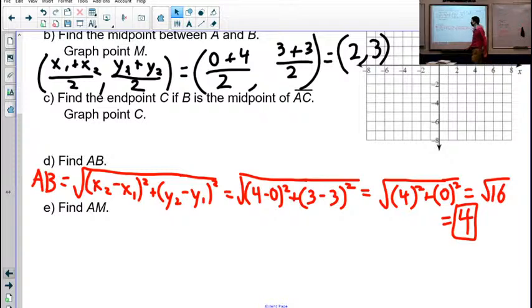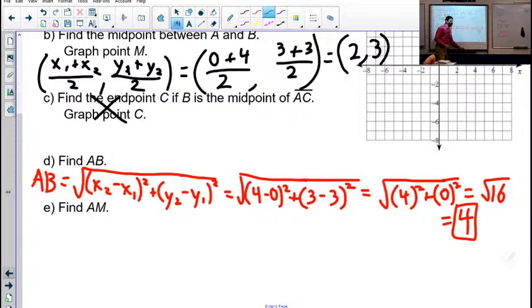And one more thing here. I skipped part C, but I can actually do part E here. One more thing, A to M. I have the coordinates of M, so I could plug in and do the formula, but I don't really need to. Because A to M, if you remember yesterday, M was the midpoint of A to B. And a midpoint, you should know, should split the segment directly in half into 2 equal pieces.